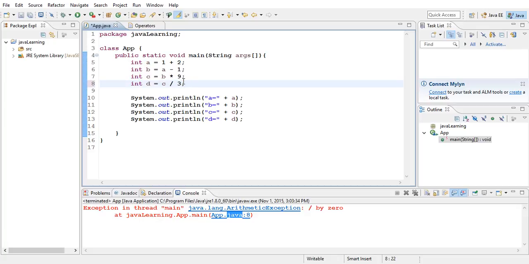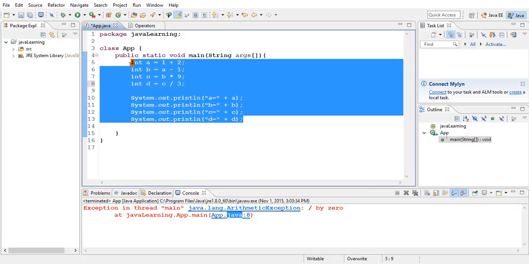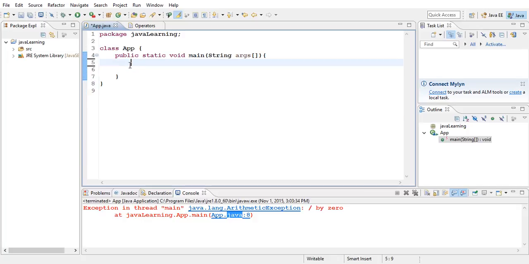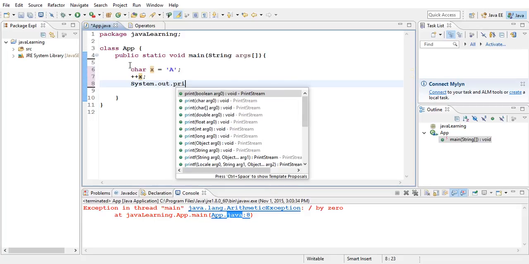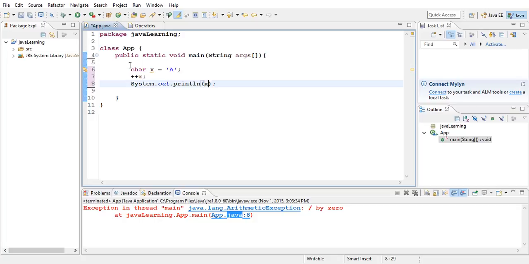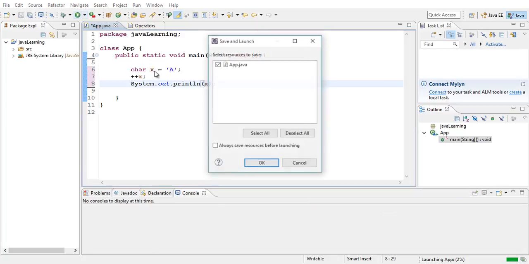And so if you remember from the previous video, I showed you some math operation on character data type. So if we have char x equals a, then we could simply do plus plus x, and if we print this, then we have b in here.